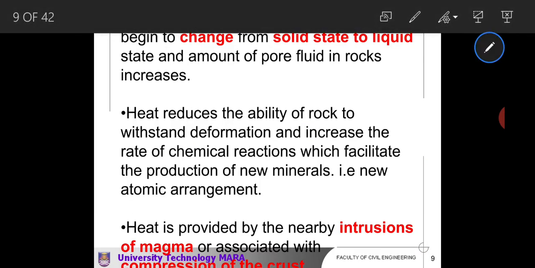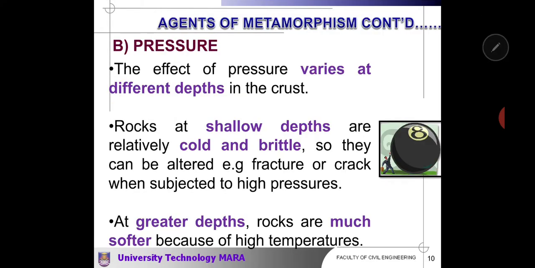So next, you can describe the agent of pressure. The effect of pressure varies at different depths in the crust. Okay, let's compare these two rocks. This is rock A located here, and this is rock B located deep inside the earth's crust. And this is the surface of the earth.